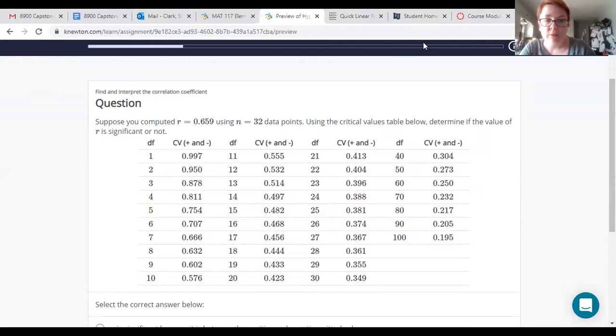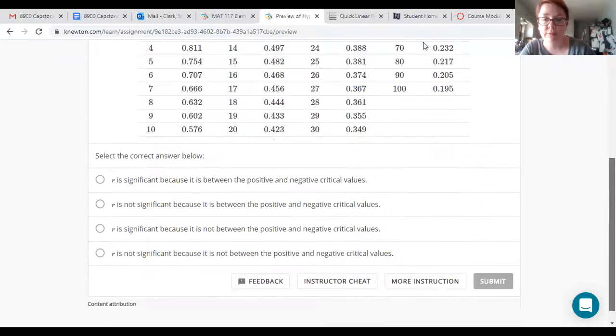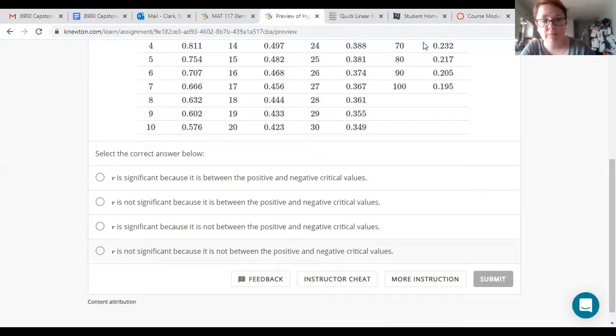And an R value of 0.659. So again, is 0.659 outside of the range of plus minus 0.349? Or in other words, is 0.659 bigger than 0.349? Yeah, it is. So since it's bigger, that means it's outside of that range and R is significant. So it's not between those critical values.